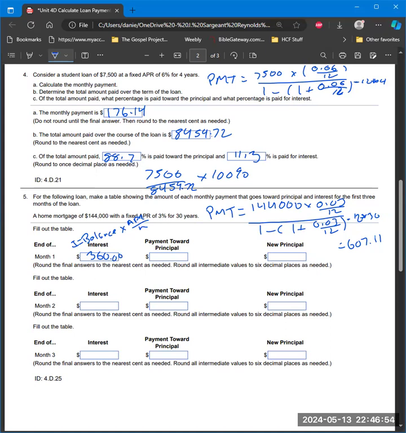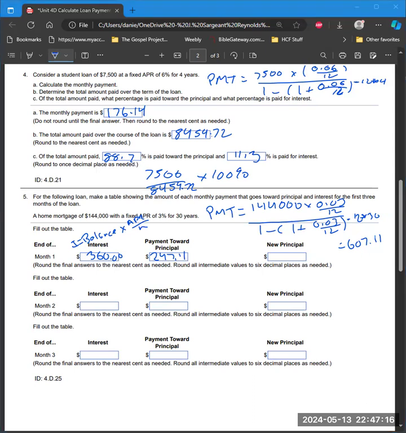I'm going to back that 360 out of the monthly payment of 607.11, and I get 247.11 going towards principal.